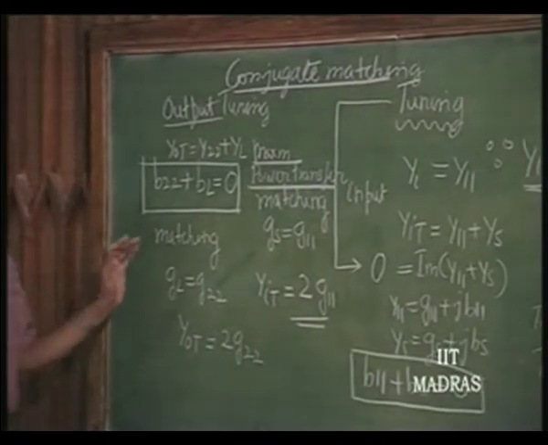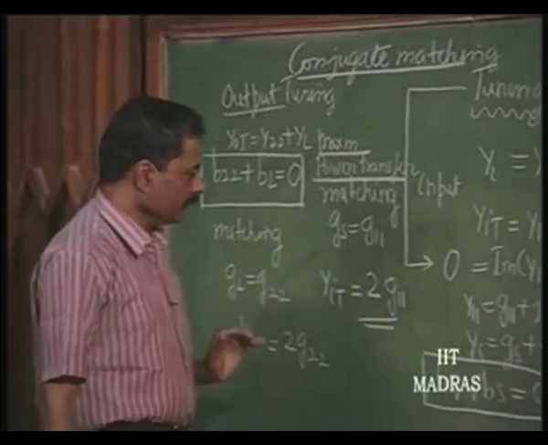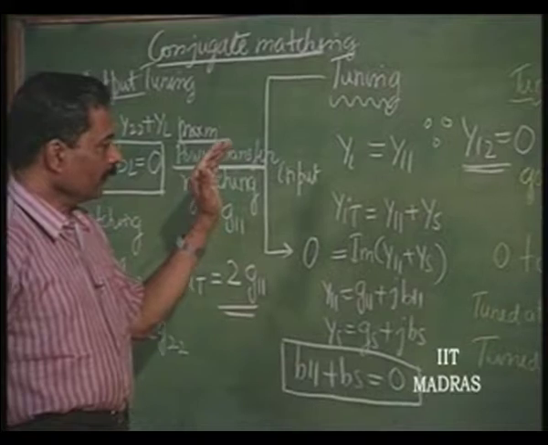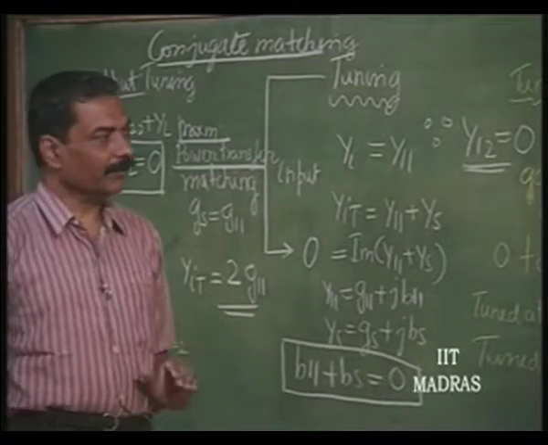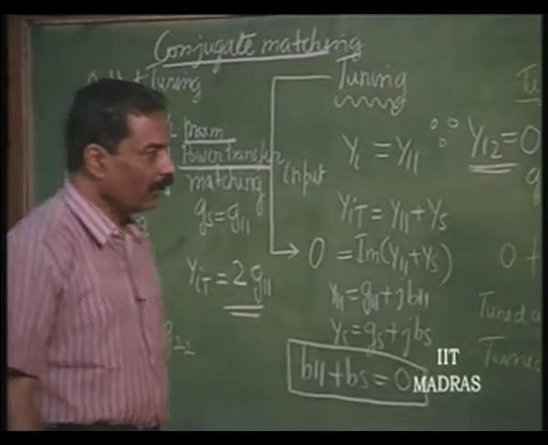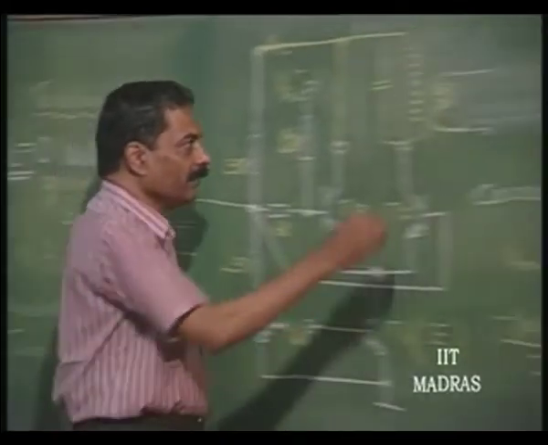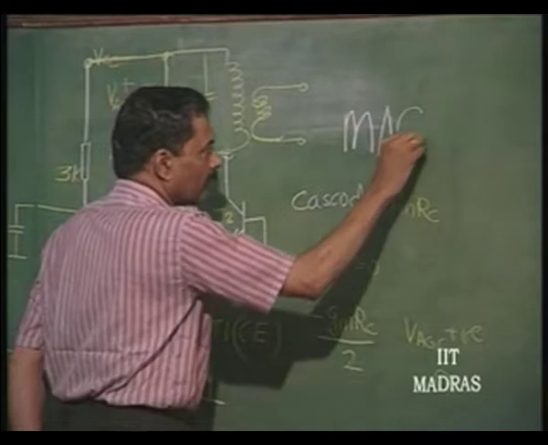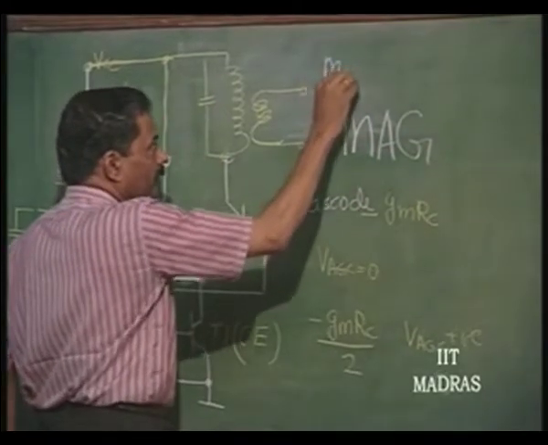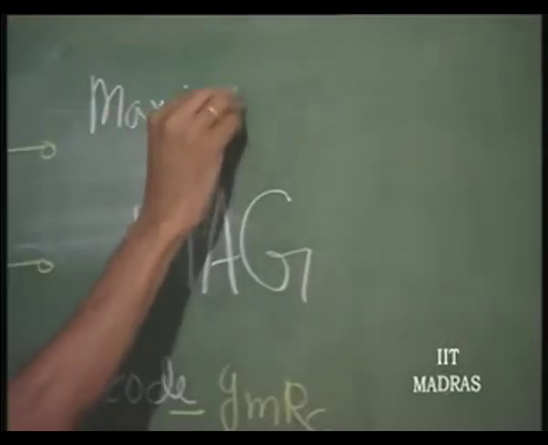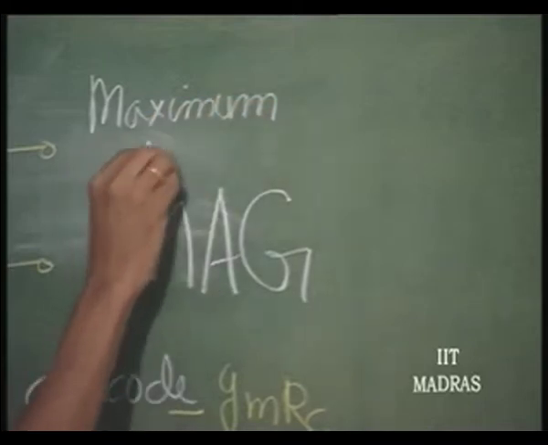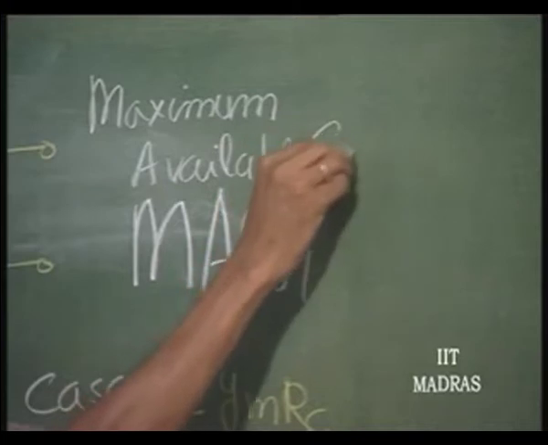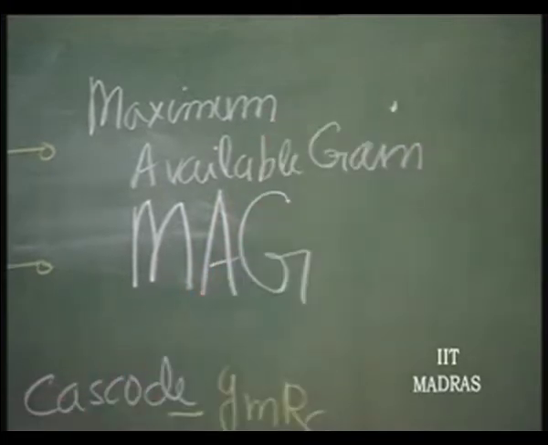So, given the parameters like this Y21, then Y11 and Y22, we can find out what is called as maximum available gain, MAG.